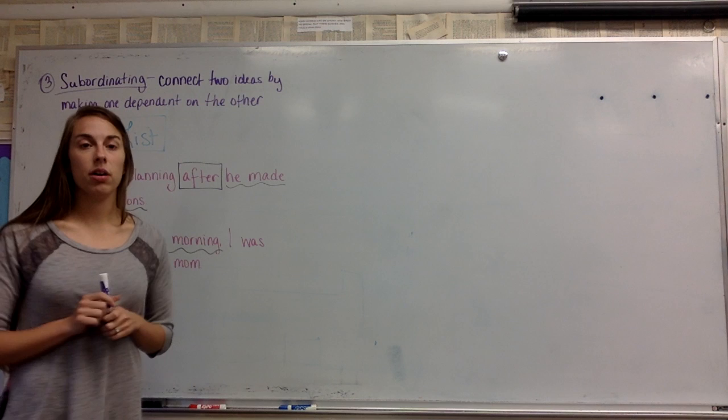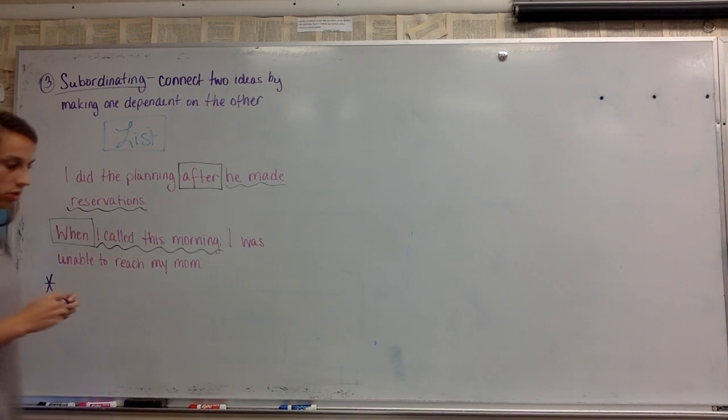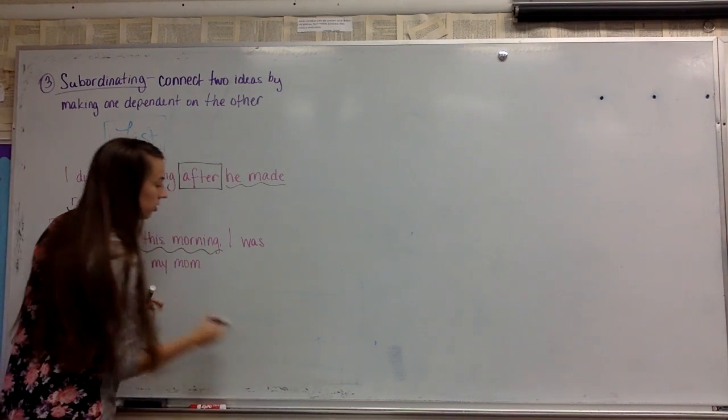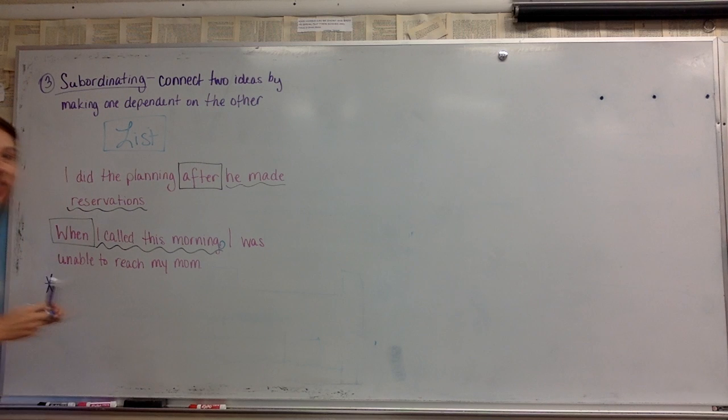Okay, now a tidbit of helpful information. When the dependent or subordinate idea comes first, it has to be separated from the main idea with a comma. I hope you can see it. It's right there. It has to be separated with that comma, so it makes sense.